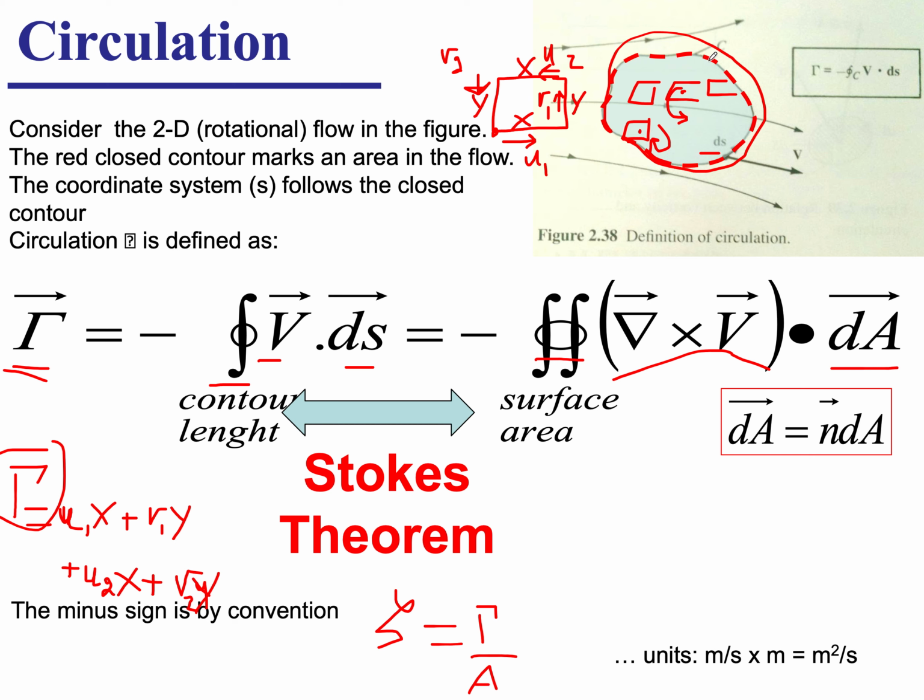So it's this surface area. That's another way of doing it. And the units for circulation are meters squared per second. What are the units of vorticity? The del has units of 1 over meter. This has meter per second. So this is 1 over second. And this is meter squared. That's why you get meter squared per second.